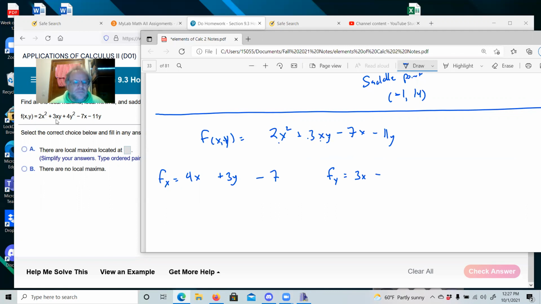Is this? All right. 3x minus, looks like 11. Oh, there was a 4x. I'm sorry. I wrote down the wrong problem. This was 2x squared plus 3xy plus 4y squared minus 11y.